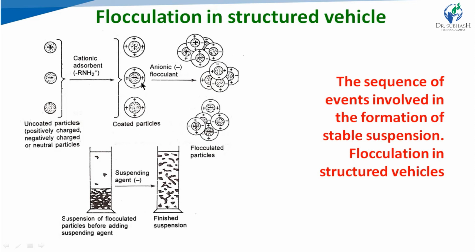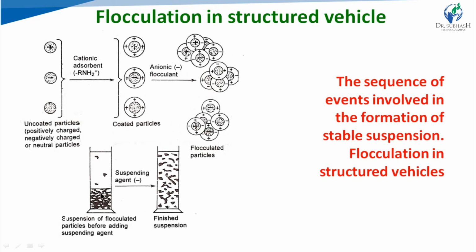In the same way we are inducing another charge also, using an anionic flocculant, and due to that flocculated particles have been observed in our product. That means flocculation has also been initiated here. So we have used the two approaches together.